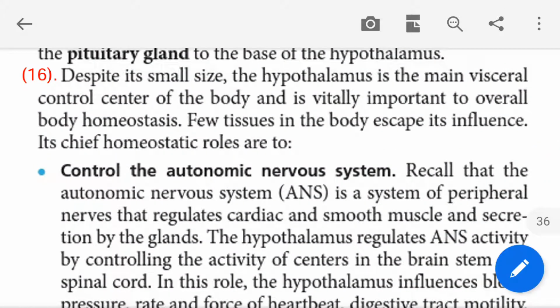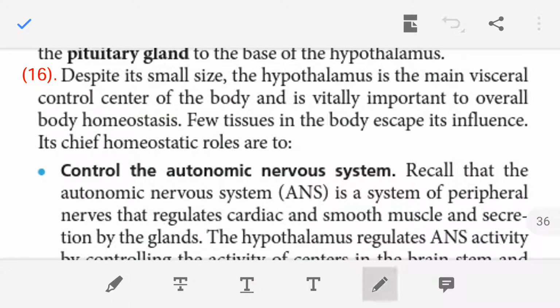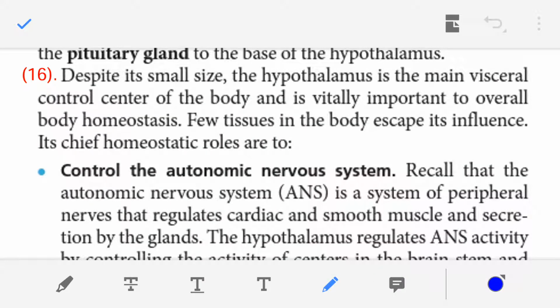Now we are discussing the function of the hypothalamus. Even though the hypothalamus is small in size, it is the main controlling center of our visceral organs. Visceral means the activity of body organs is under the control of the hypothalamus. The hypothalamus is very important for overall body homeostasis.